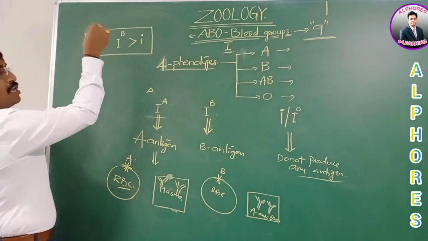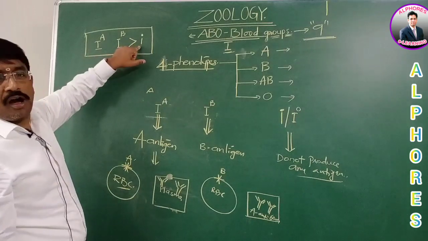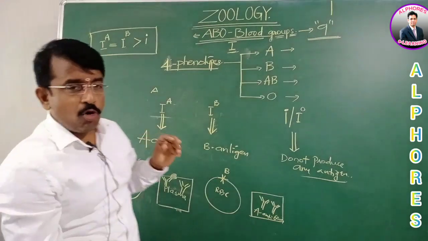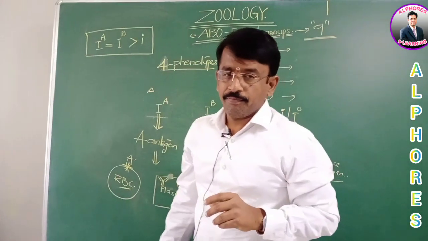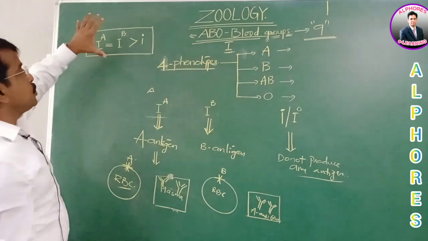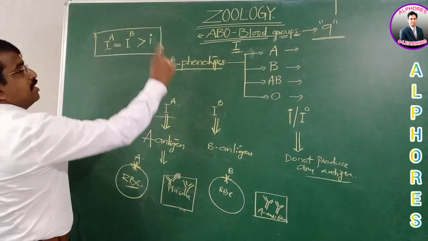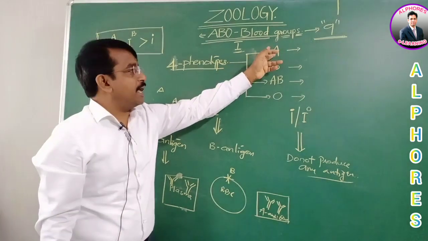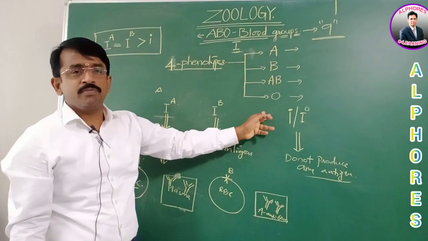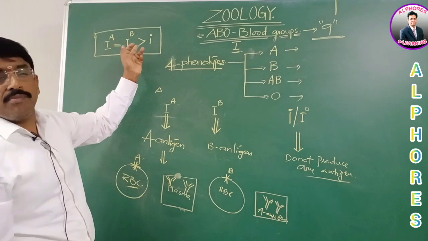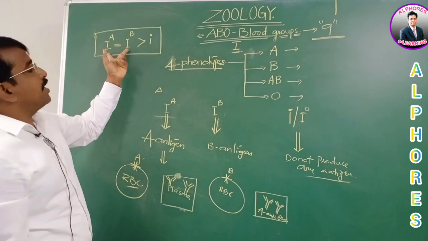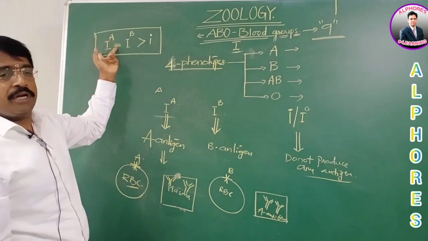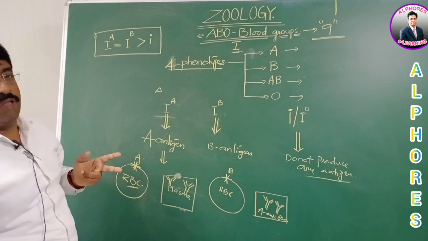At the same time, both are codominant, that is, dominant to each other. So by this you come to know that the ABO blood grouping system is with 4 phenotypes A, B, AB and O, and 3 alleles IA, IB, IO, in which IA, IB are dominant over IO, and at the same time they are codominant.